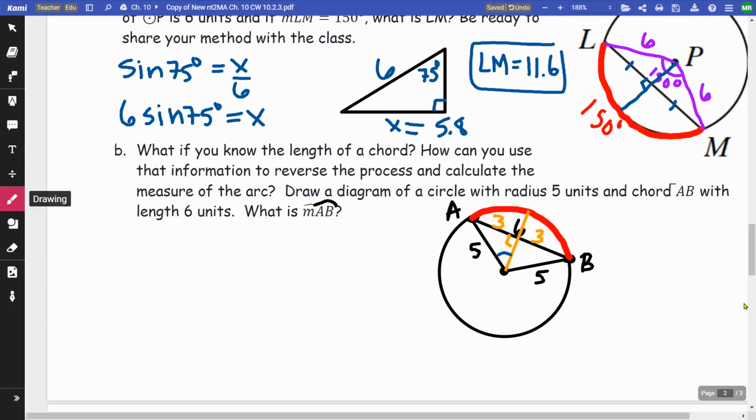So to find that angle, let's say I call it theta. I know from this angle, I know opposite and hypotenuse. So I'm going to do sine inverse of opposite, which is 3, hypotenuse, which is 5, and I'm going to get that angle measure.